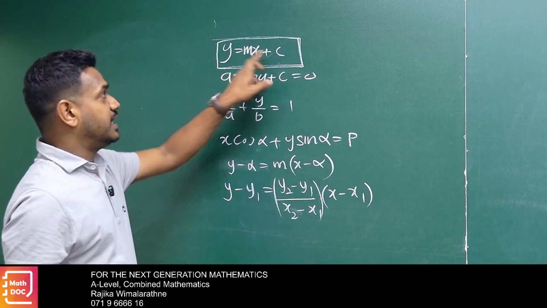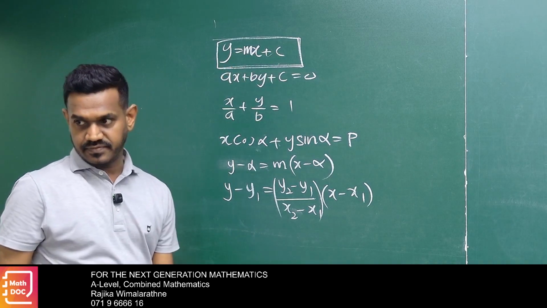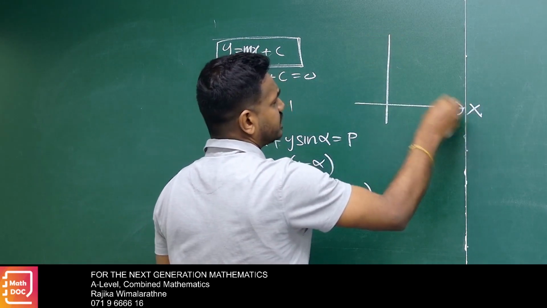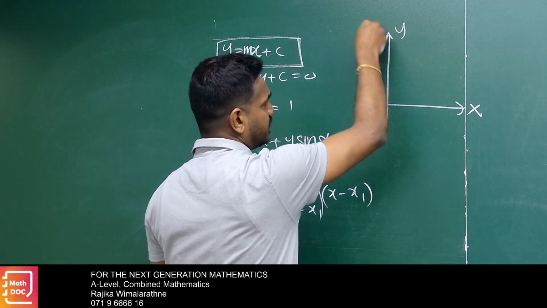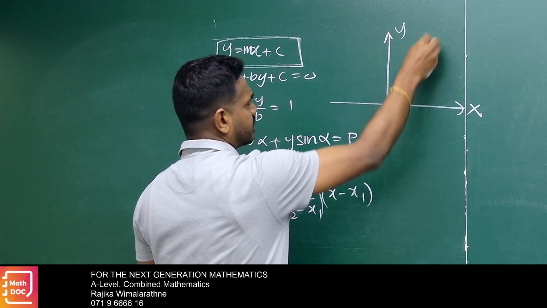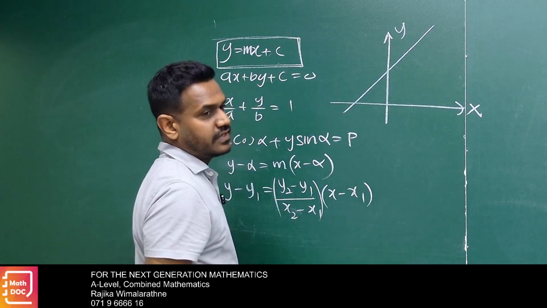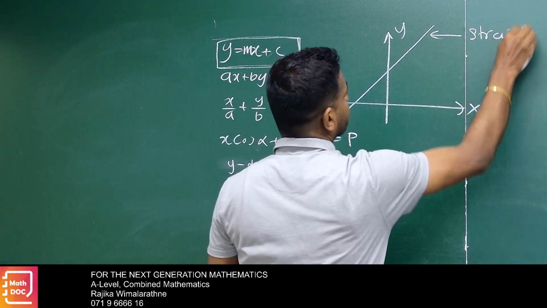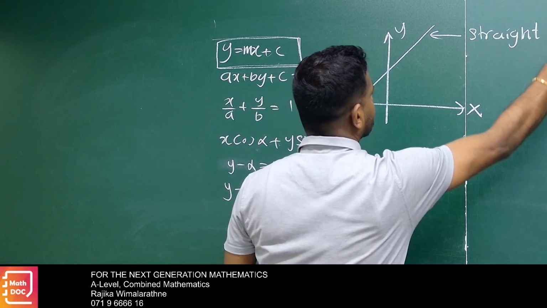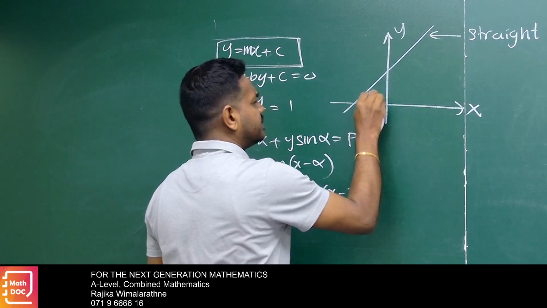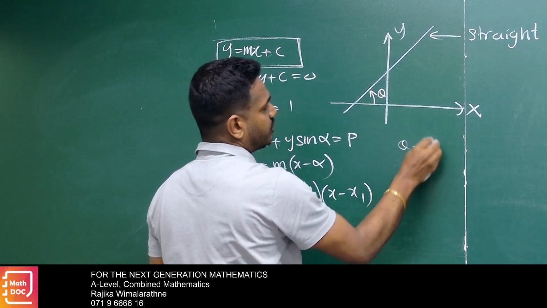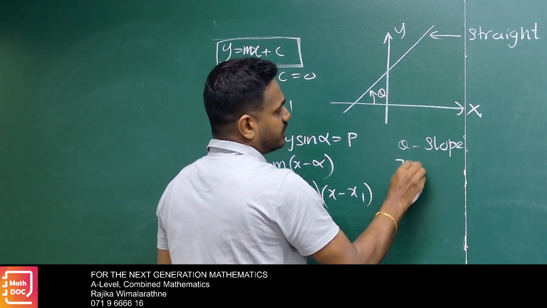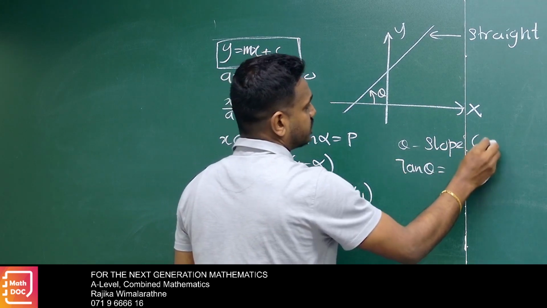So we call m gradient, c intercept, no? So you consider here x-axis, y-axis, you consider a line. I'll sketch a line like this. Here we call straight line. So here when you consider this angle theta, we call theta slope. And tan theta we call slope or inclination.